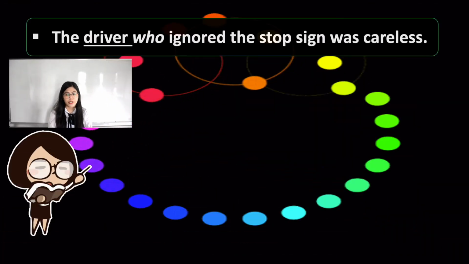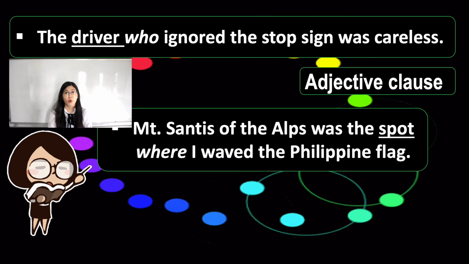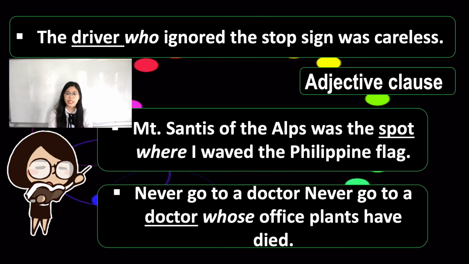So let's have examples. The driver who ignored the stop sign was careless. So what is the relative pronoun we used here? Okay, so we have the relative pronoun who. Now since we have the relative pronoun who, can you now locate the dependent clause?